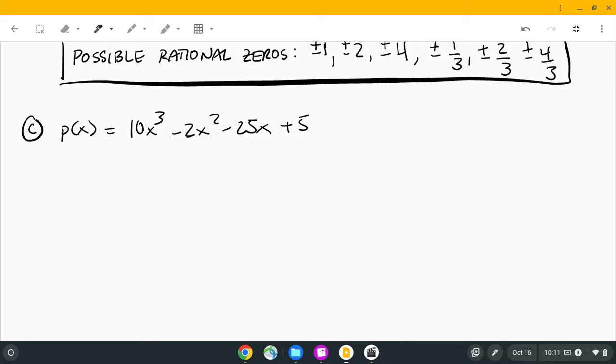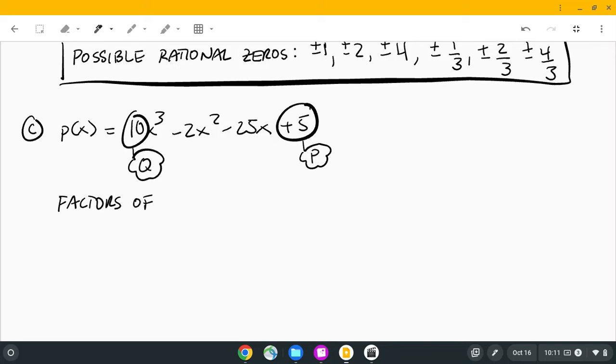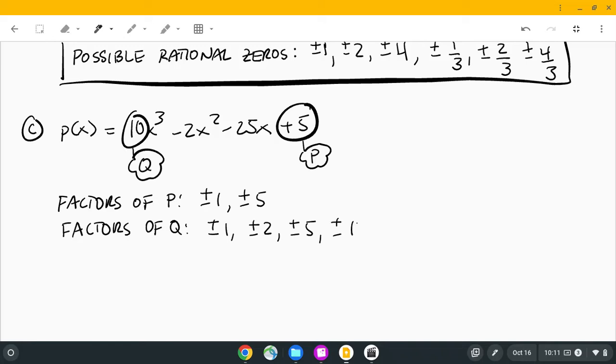Right here, this is p. Right here, this is my q. So my factors of p are going to be plus minus 1, plus minus 5. My factors of q are going to be plus minus 1, plus minus 2, plus minus 5, plus minus 10.